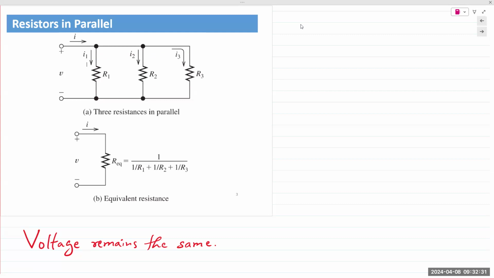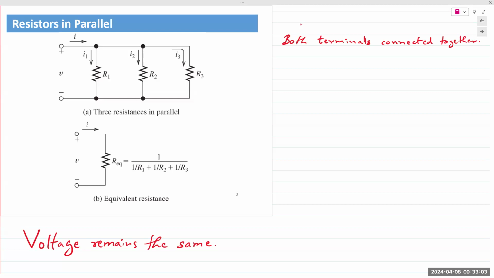Okay, so both terminals of each component are connected to each other without any break, then those are said to be in parallel. Okay, both terminals connected together.